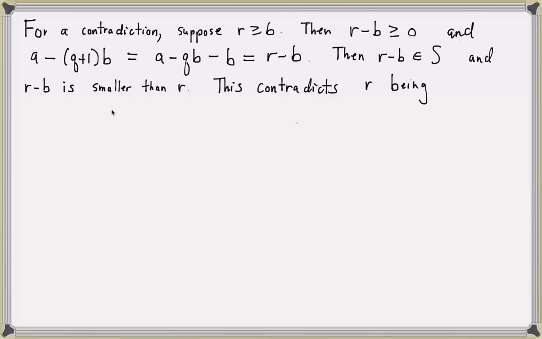This contradicts R being the smallest non-negative element of S. Therefore, our assumption that R was greater than or equal to B is false. And we can conclude that R is less than B.